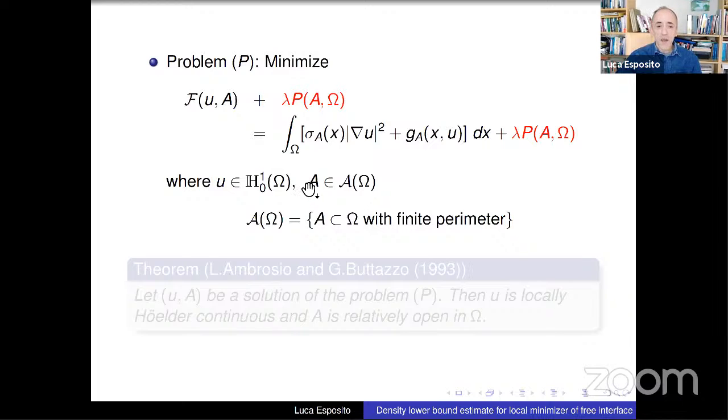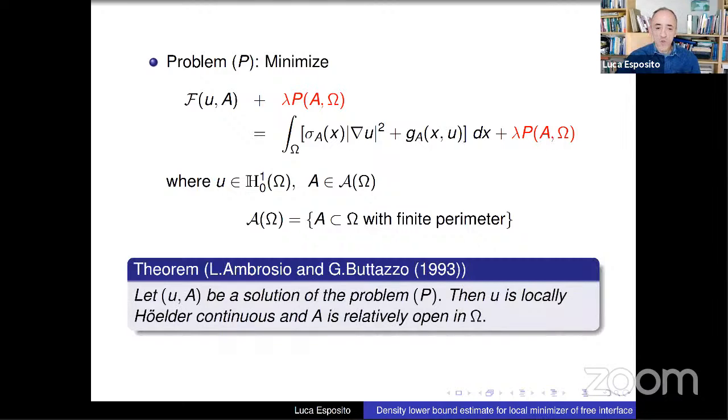A is an admissible set, which means that A must have a finite perimeter. So the term in red, of course, must be finite. And Ambrosio and Buttazzo proved that for this functional, the minimizers are C^{1,alpha}, that is, Hölder continuous.